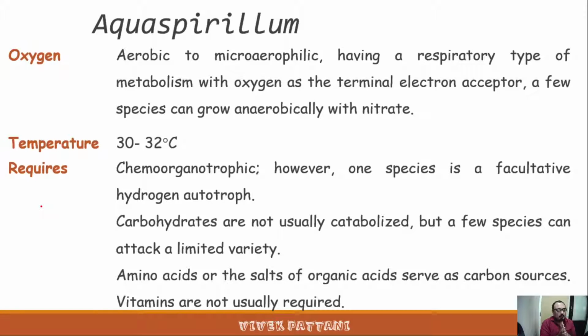Now this bacterium has an oxygen requirement varying from aerobic to microaerophilic. It has a respiratory type of metabolism with oxygen as terminal electron acceptor, and some species can grow anaerobically using nitrate as their electron acceptor.